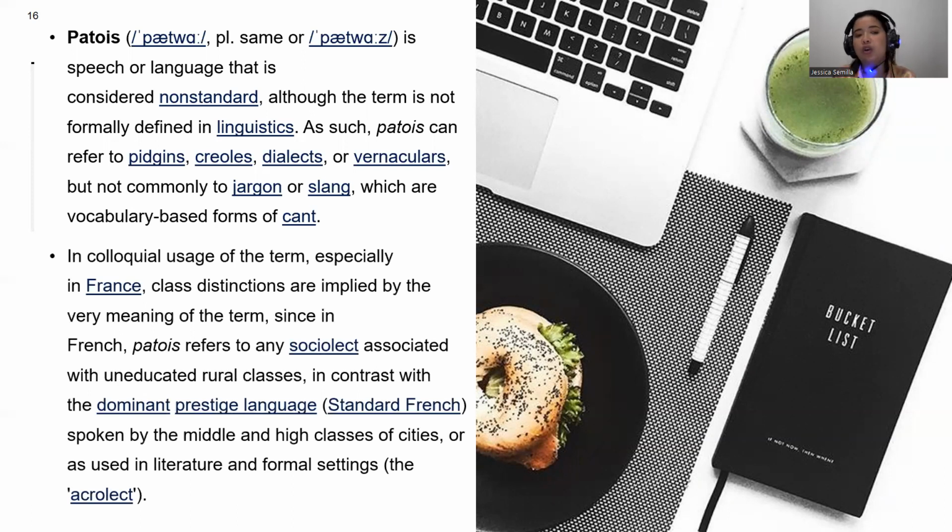In colloquial use of the term, especially in France, class distinctions are applied, since in French, Patois refers to speech associated with uneducated rural classes, in contrast with the dominant prestige language spoken by the middle and high classes of cities, or used in literature and formal settings.